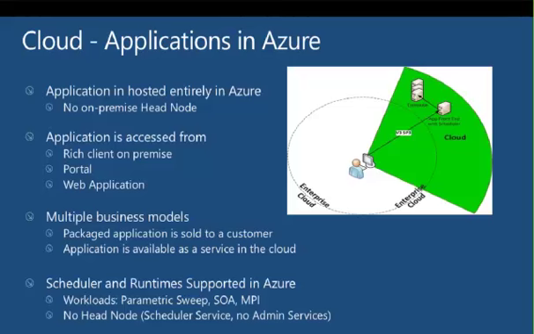The scheduler runtime support includes parametric sweep, which as I said, is very much the embarrassingly parallel application. You send it 1,000 tasks, and it farms them out to the resources that you have, either in the cloud or on-premise. SOA allows you to keep a lot of things in memory and call these services relatively quickly. For example, banking and insurance might want this model.